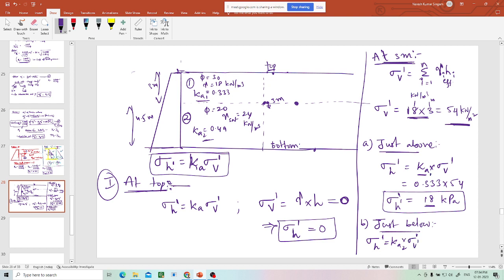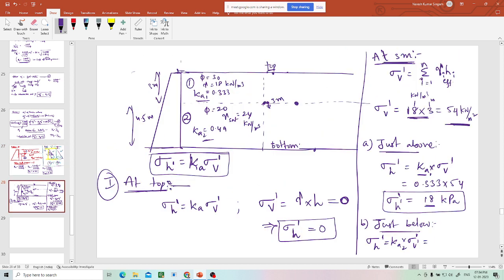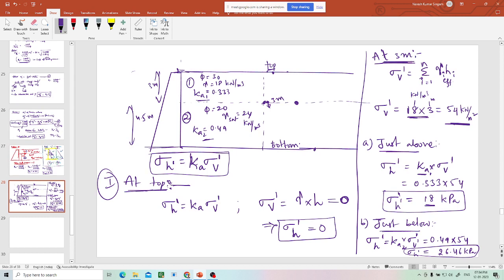Sigma v dash will not change, just below or just above, because it is still at the 3 meter. So Ka2 is how much? Ka2 value 0.49 multiplied by sigma v dash, which is 54. What is the value? It is 26.46 kPa, sigma h dash just below.